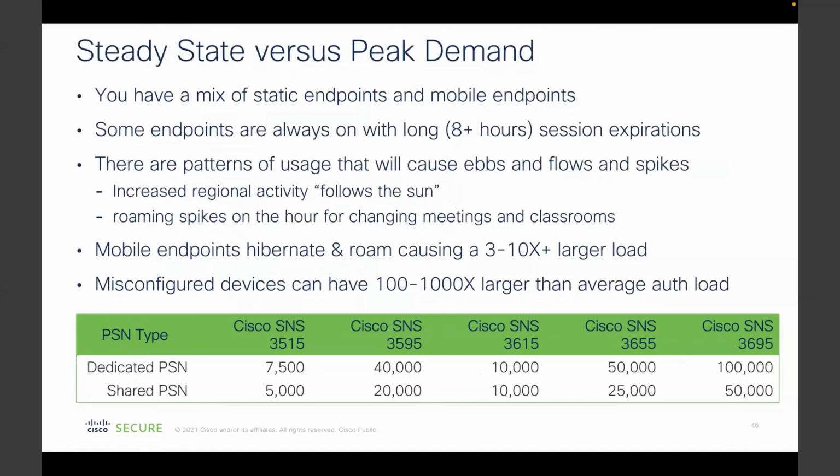And some of those are going to be things that basically just sit there. They're on all the time, right? Your phones and your printers, they just sit there, and sometimes they're in use, but they're just always on, ready for service. Other things like mobile devices, they come and go, they roam, they power down, they hibernate, they do all these things, and so some of those things are more steady state, like your printers and your phones.